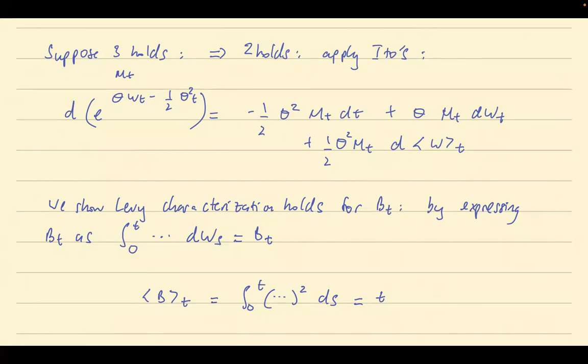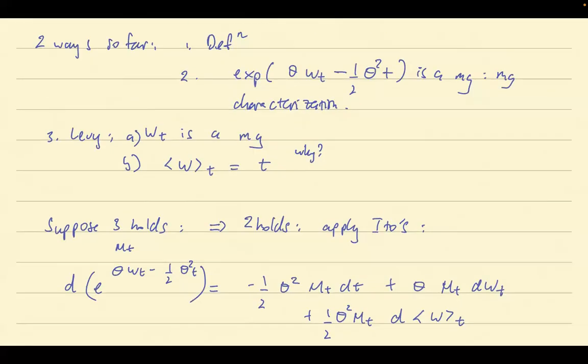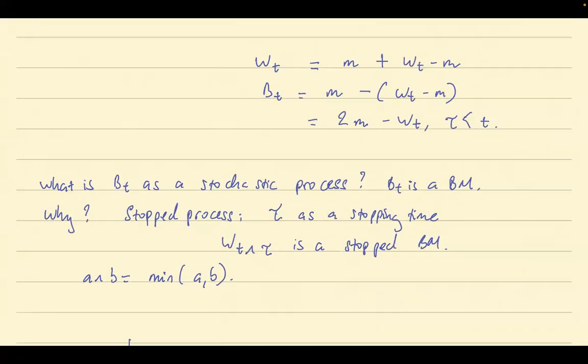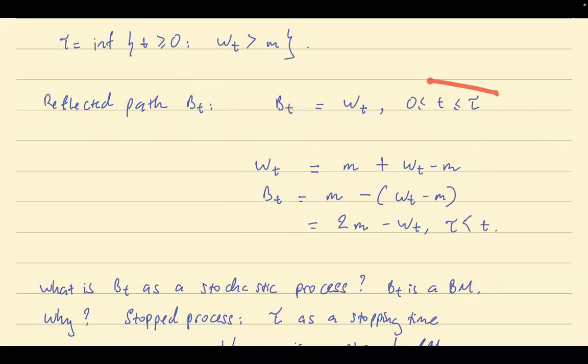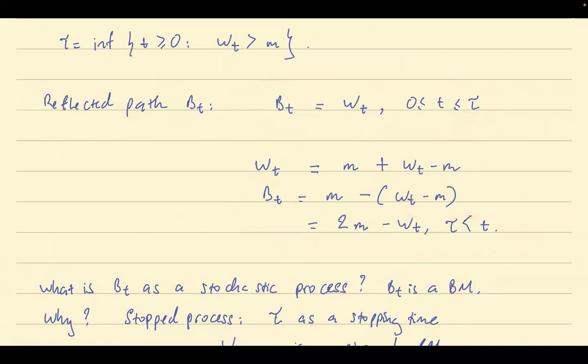So now let's go back to what BT is. BT is WT up to time tau, and it's like this after time tau. How in the world can you pull these two together into one single integral?